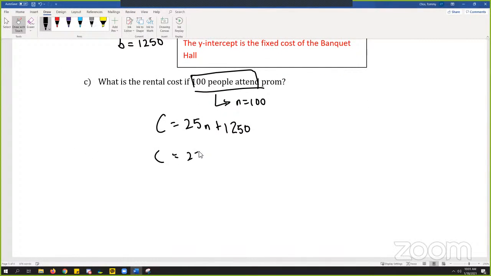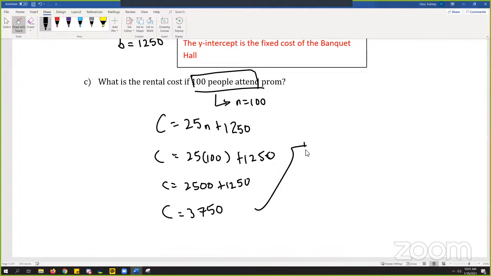So C equals 25 times 100 plus 1250. That's going to give me 2,500 plus 1,250. So my final answer here is 3,750. We can therefore, statement to finish off, therefore it will cost $3,750 if 100 people attend prom.